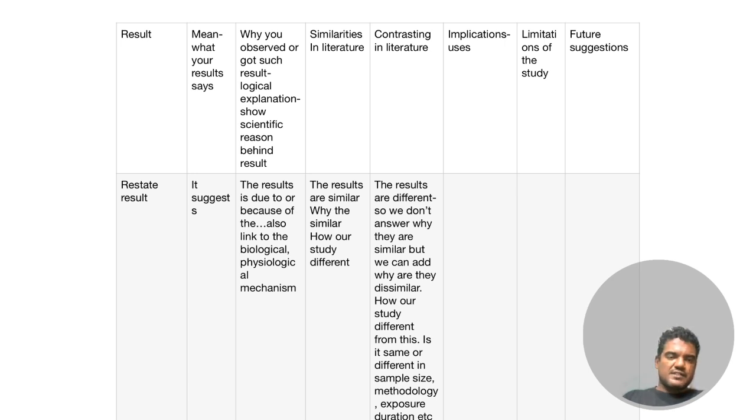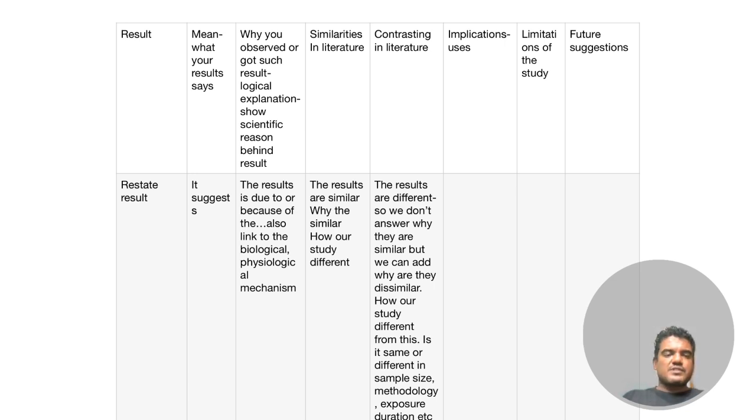Next, coming to the future suggestions. Future suggestions are also very important. For this particular result, we could write that future studies may look into the mechanism of this drug in the cell cycle, or we can write that future studies may look into the expression changes of proteins, or gene expression changes, in the presence of this particular drug.